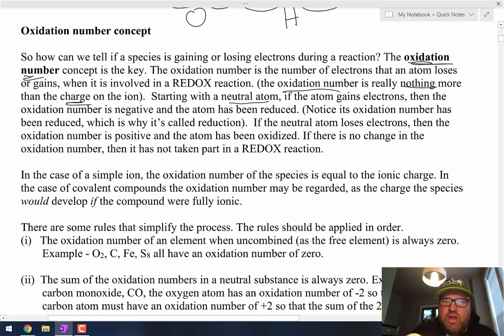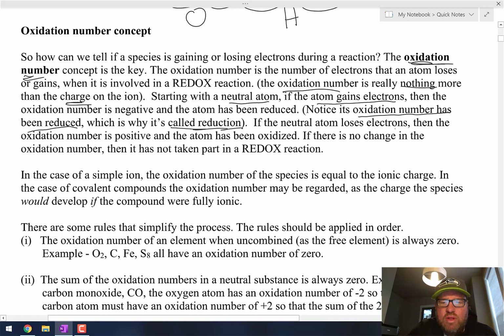So starting with a neutral atom, if an atom gains electrons, then the oxidation number is negative and the atom has been reduced. Again, notice its oxidation number has been reduced, which is why we call it reduction. If you can't remember which one's oxidation and which one's reduction, remember, if the oxidation number is reducing from the left to the right, that is the reduction process. If it's going down, then it's reduction.